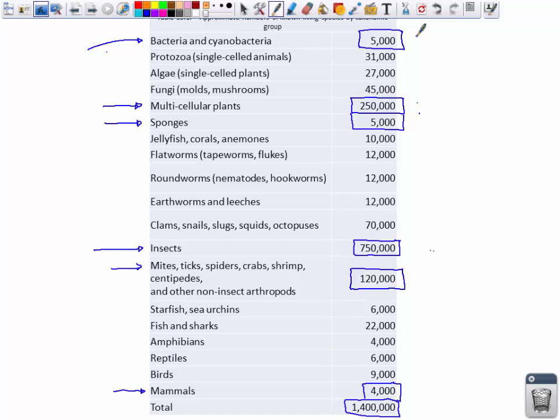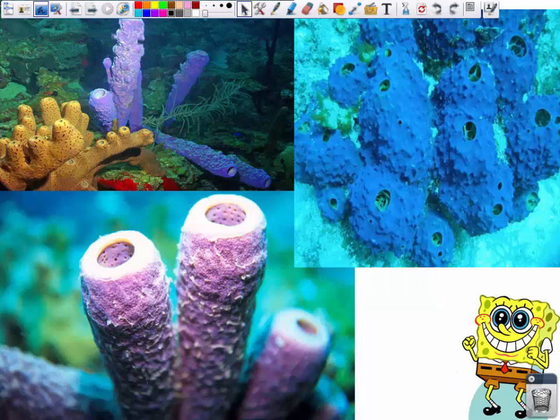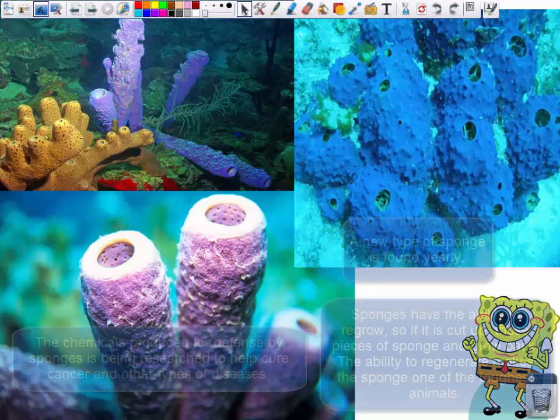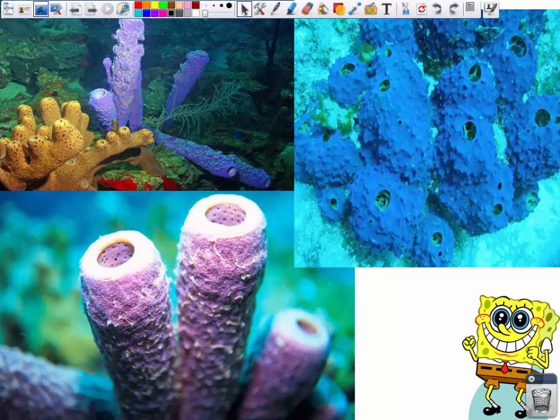Maybe as better technology comes about, that number will increase, but consider that our planet is dominated by insects and plants. Here are some sponges. I just think they're cool. Very colorful, interesting species. Mammals are only a small fraction.